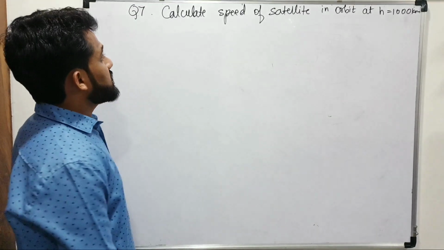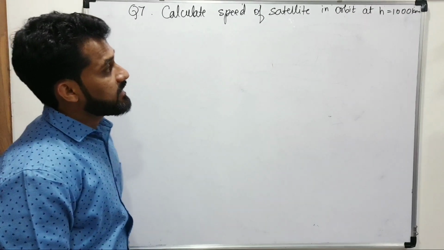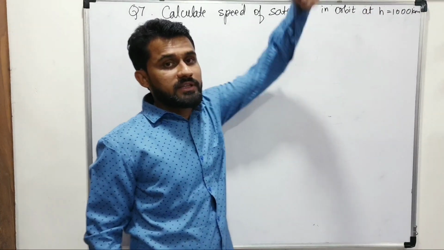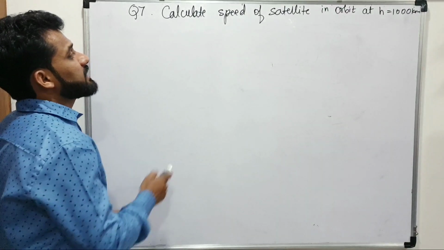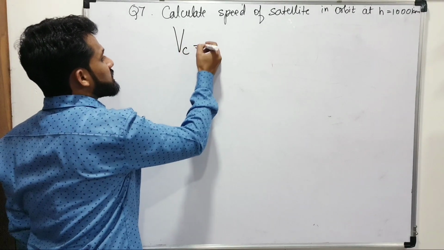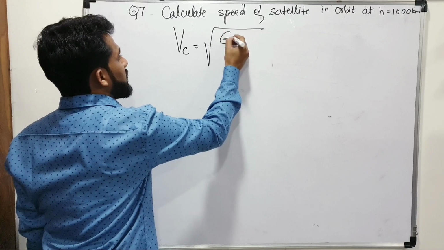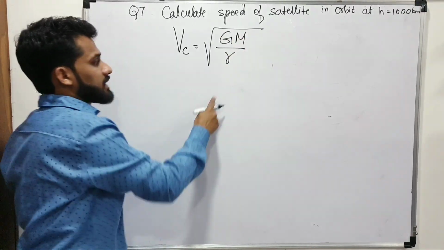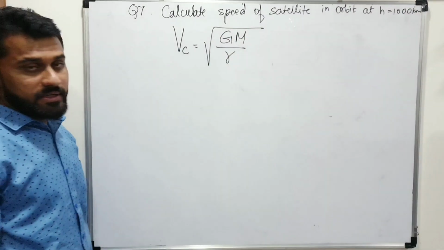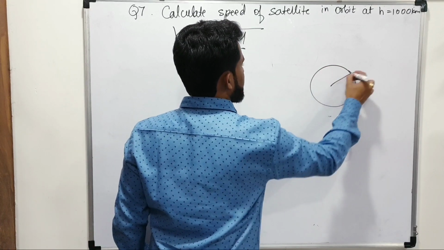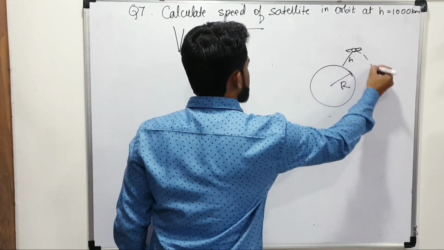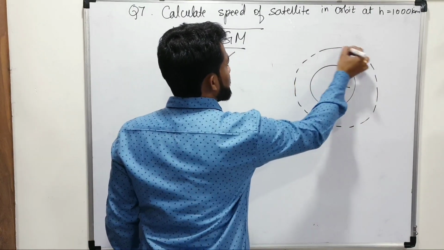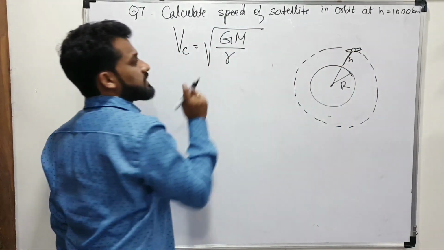So the next question is, calculate the speed of satellite in orbit at height 1000 kilometers above the earth's surface. So the question is to calculate the critical speed, and the formula of critical speed is under root GM by small r. This small r is the radius of the orbit. Means if this is earth and the satellite is revolving at height h, then h plus R is equal to small r.